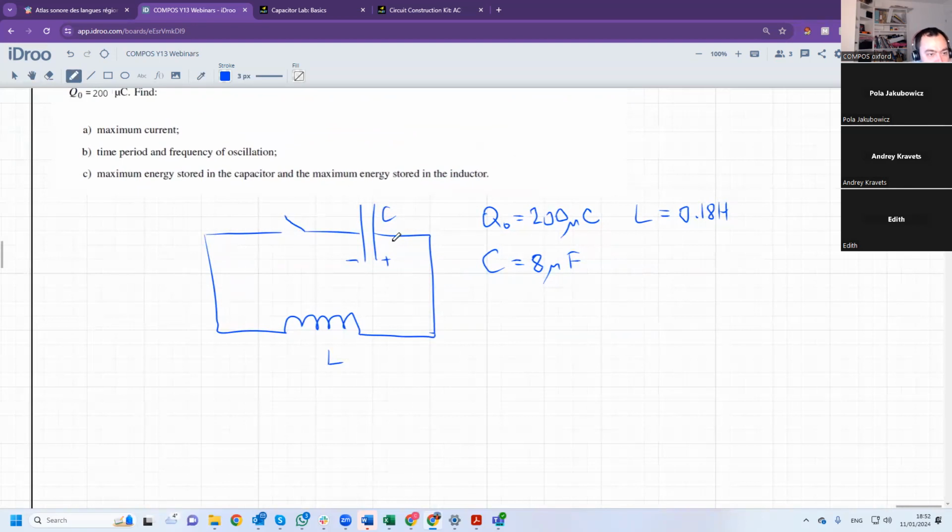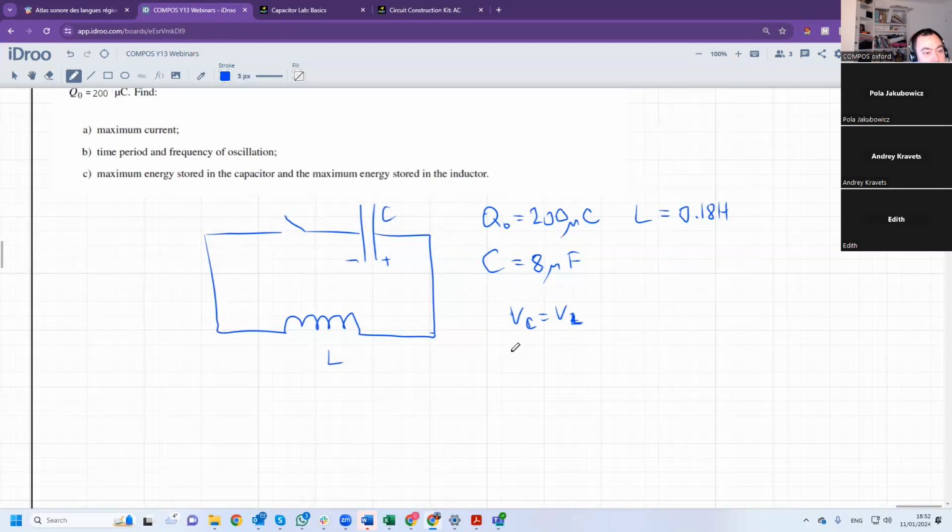Right. So we need to find Q. So we write down the equation. And it's the same equation. We don't need to invent anything here. So we write down that V1 is equal to V2. So V on the capacitor is equal to the voltage here.